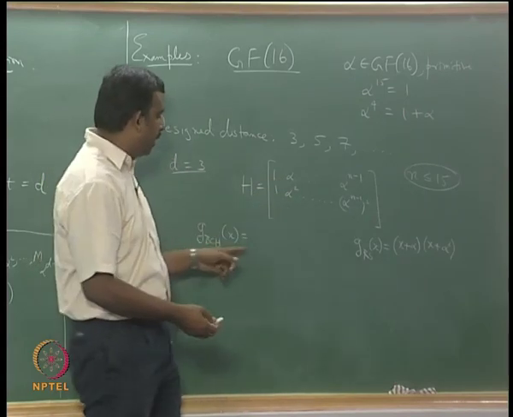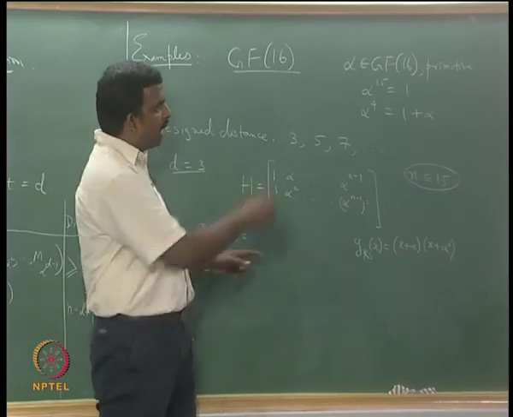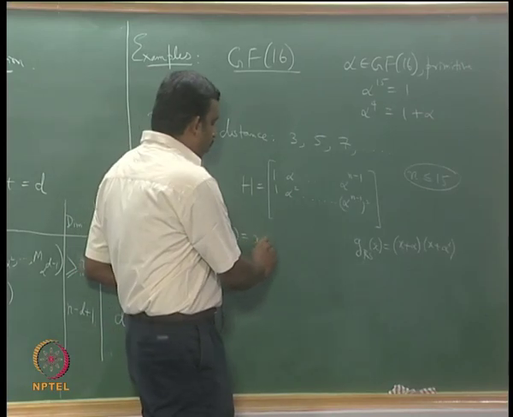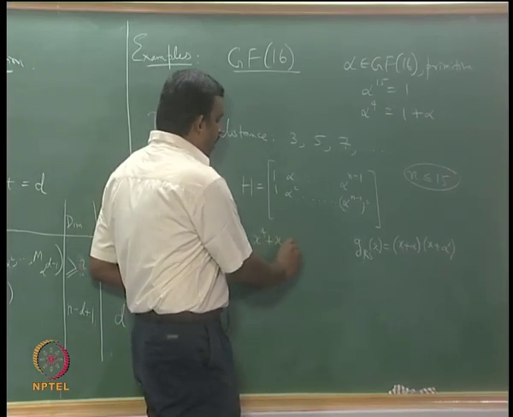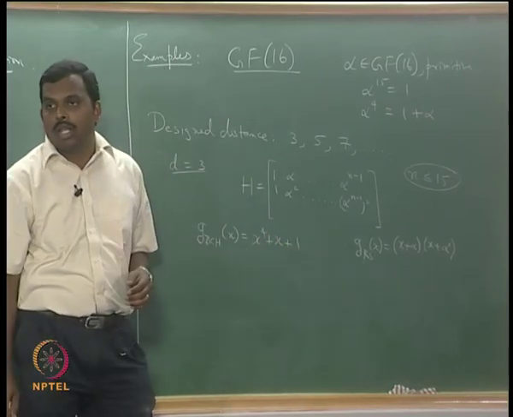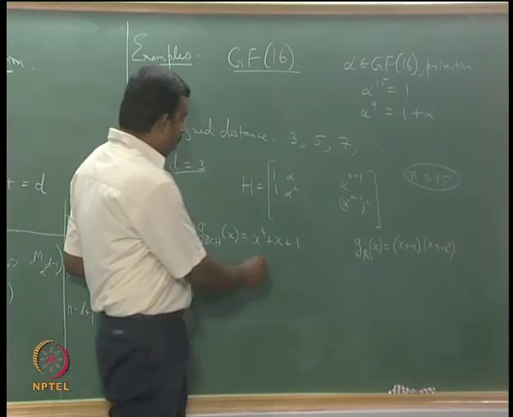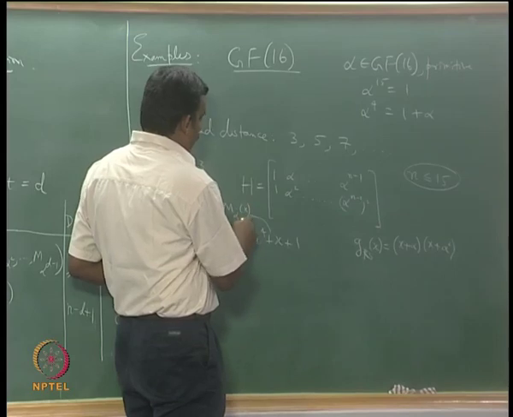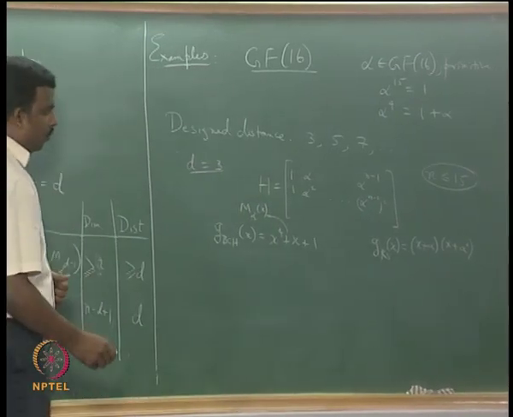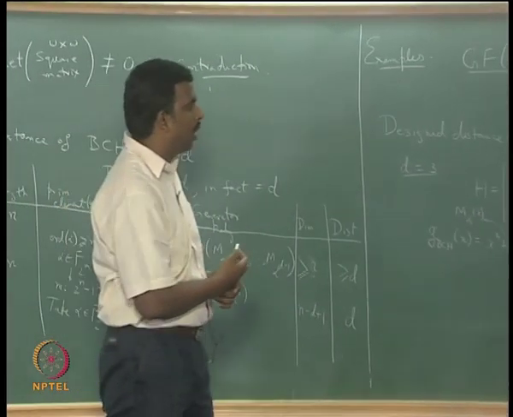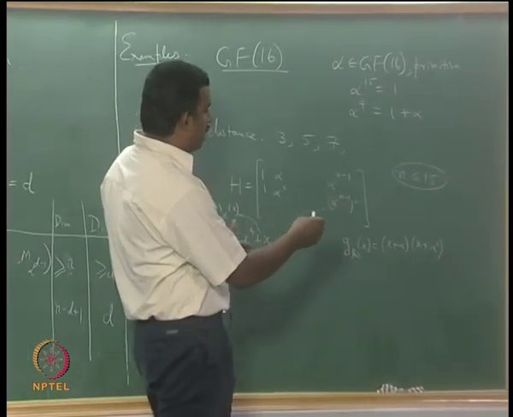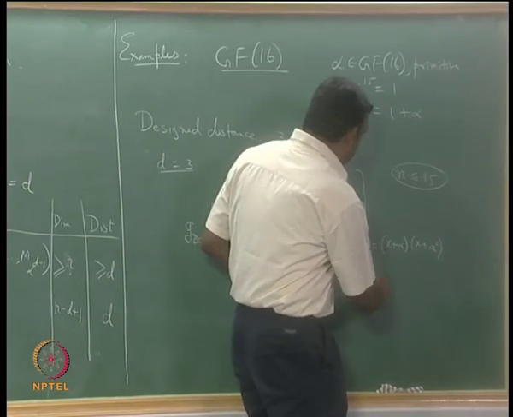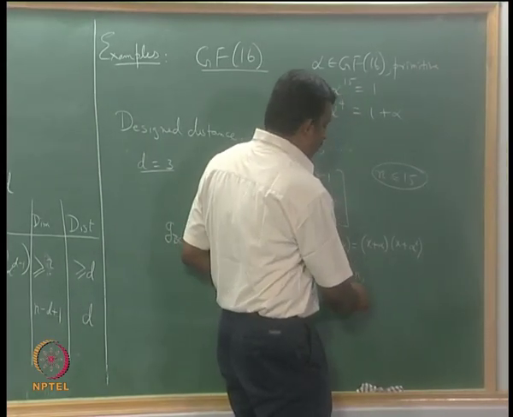So simply you will get the minimal polynomial of alpha itself, and that happens to be x power 4 plus x plus 1. So this is the minimal polynomial of alpha. Okay, so the RS code we now know is n comma, what is k?